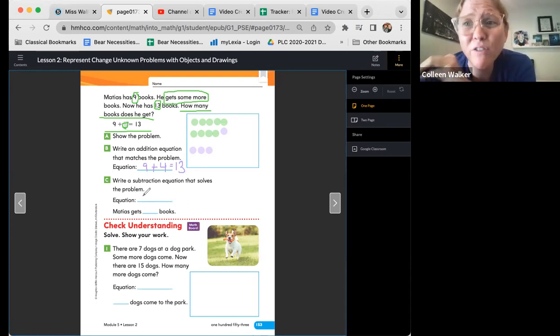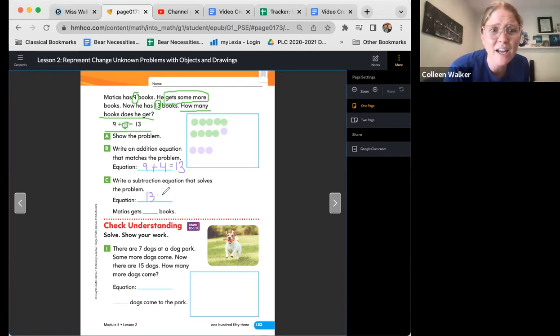Now we have to write a subtraction equation that solves the same problem. So remember, whenever we're doing a subtraction equation, we always start with the greatest number, the biggest number. So what's the biggest number? What's the total? Yes, that's right. It's 13. And we can take away the 9 books that we know that he started with, right? And then what's the difference?